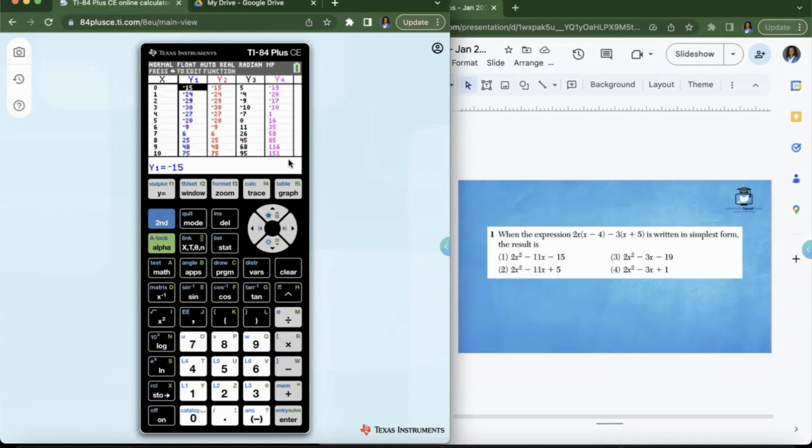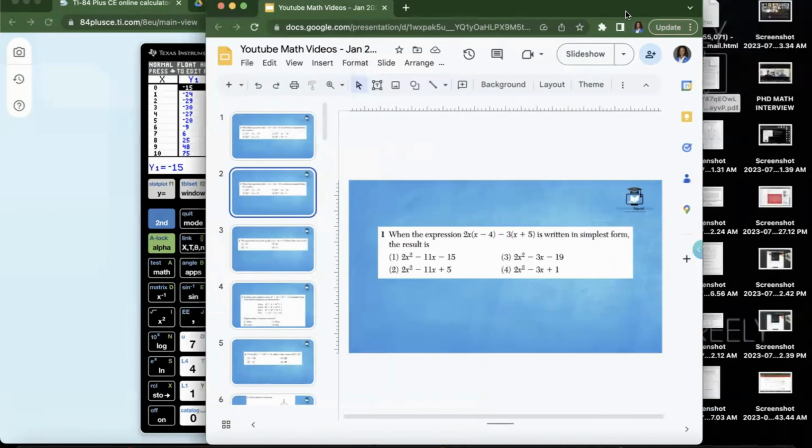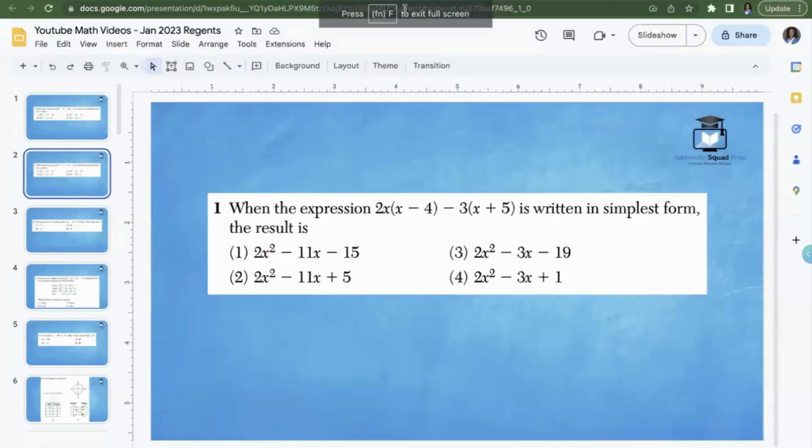So the only column that is identical to Y1 is Y2. And if you recall, that was answer choice 1. So that's one way that you can go ahead and use the calculator to determine equivalence. It's a great strategy, and it's one that we may use several times while completing this exam.